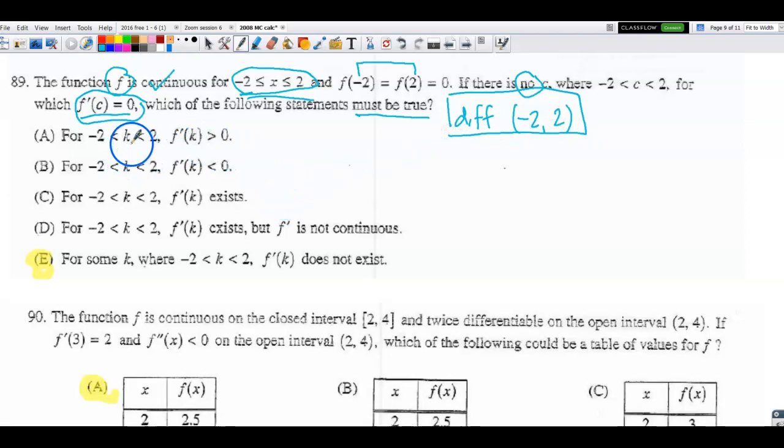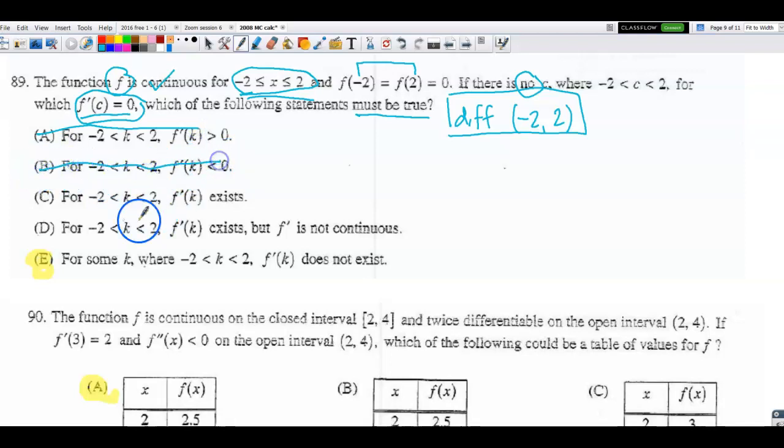So the first statement says between negative 2 and 2, there is a number where the first derivative is greater than 0. Well, I don't really know. Maybe the first derivative is always negative, so I don't really have a way of knowing that. B, between negative 2 and 2, the first derivative is less than 0. Well, maybe it's not. Maybe it's always positive.